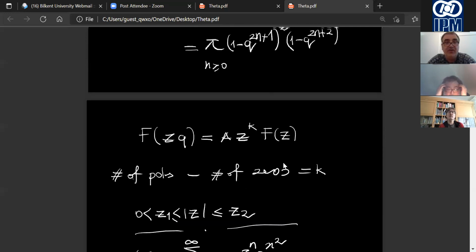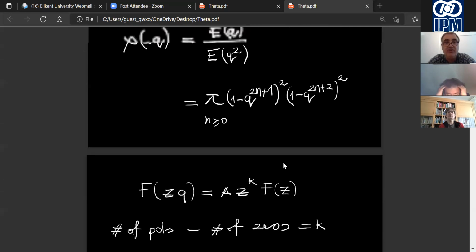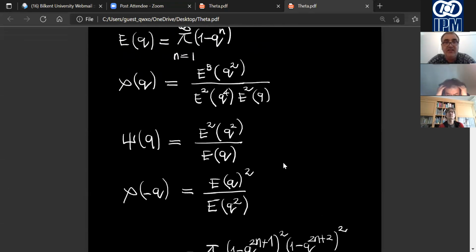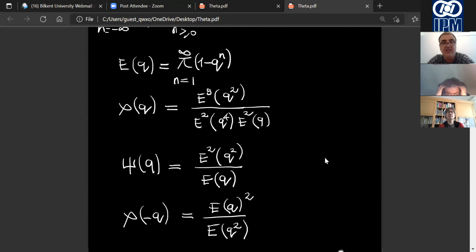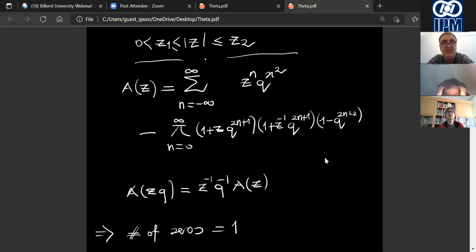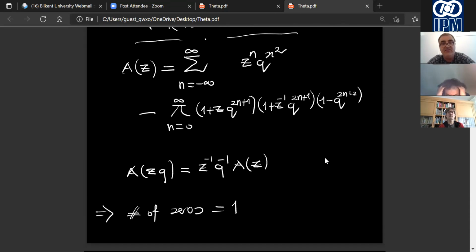For the function, if I denote the difference of the right-hand side and the left-hand side of this by a of z, I can easily see that it will satisfy this q difference equation.